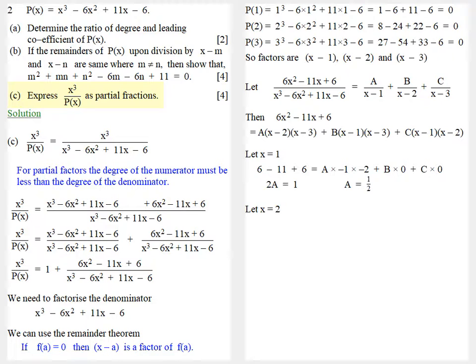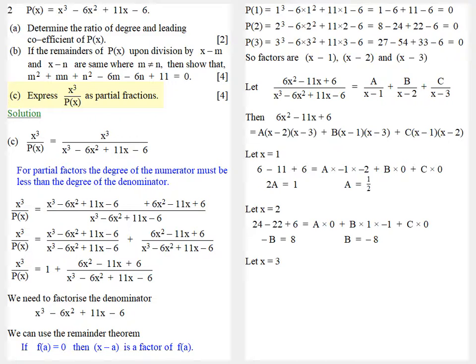Now if we let x equal 2, on the left hand side we have 24 minus 22 plus 6, and on the right hand side we have a times 0 plus b times 1 times minus 1 plus c times 0. And that simplifies to minus b equals 8. In other words, b is equal to minus 8.